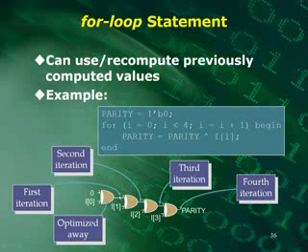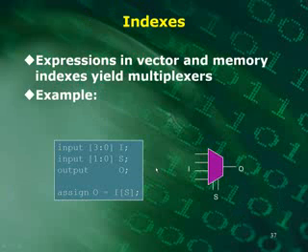So this is the output from your first iteration. Then that is used in the second loop, and then you get your second iteration, third iteration, and finally your fourth iteration. This is not the way I do parity, but it's just an example of how you can use the for loop.